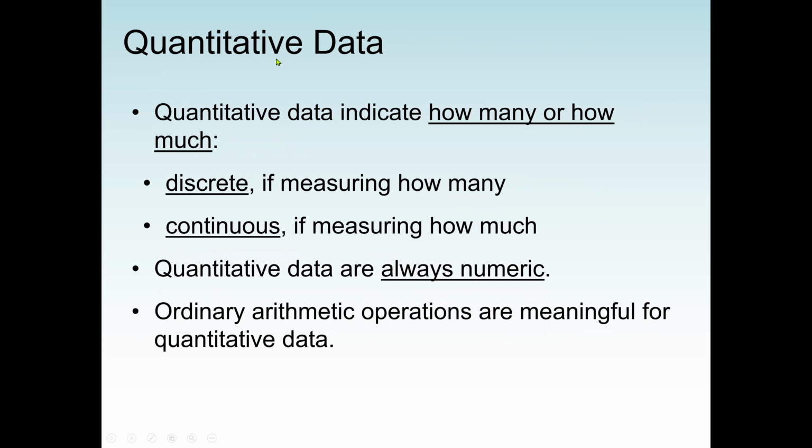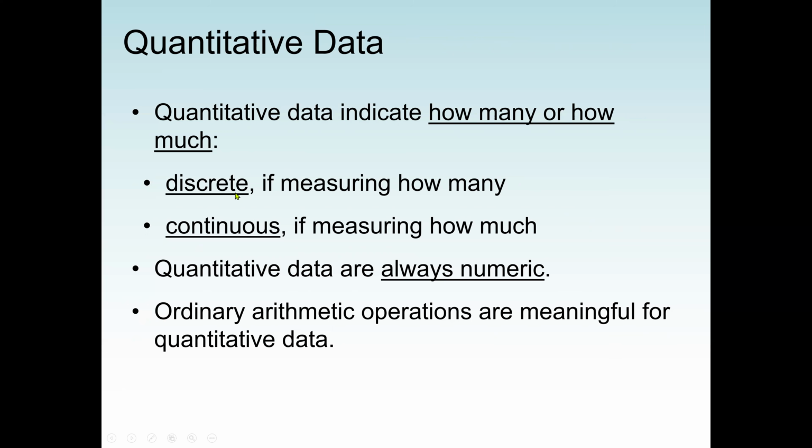Then quantitative data indicates how many or how much. So we have two types. Discrete quantitative data is based on counting. So we say discrete if measuring how many.